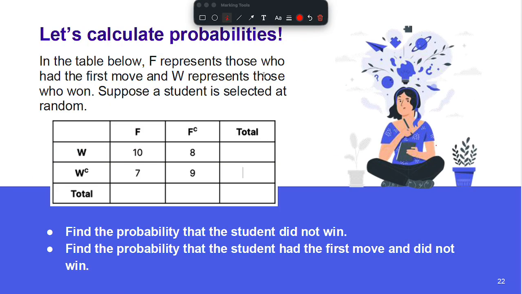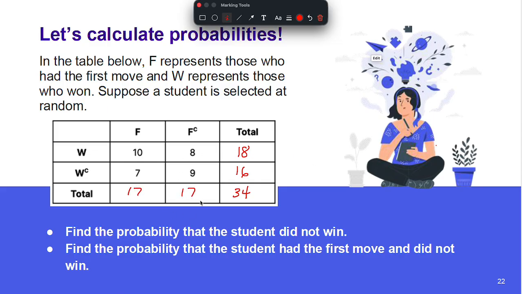All right, so let's calculate probabilities here. Again, F represents those who had the first move, and F complement, they didn't have the first move. So let me just go ahead and write these in here like we had in our previous box, 17 and 17.